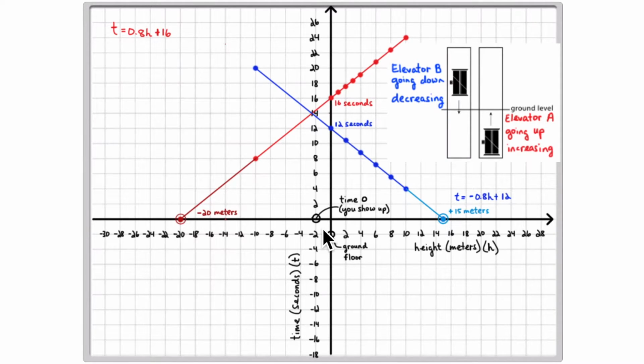And so now you press the button. It's going to take 16 seconds to reach you at ground level at time 0. After time 0, sorry. So you press the button after time 0. It's going to take 16 seconds to return to ground level.